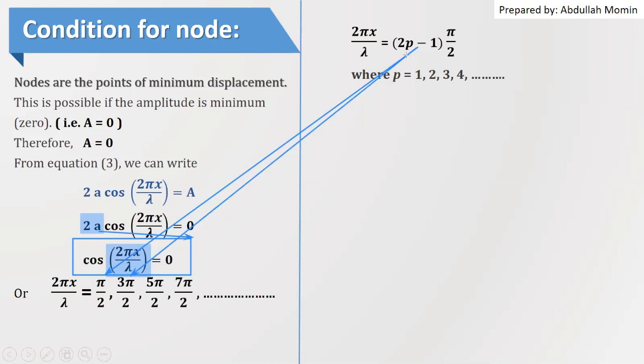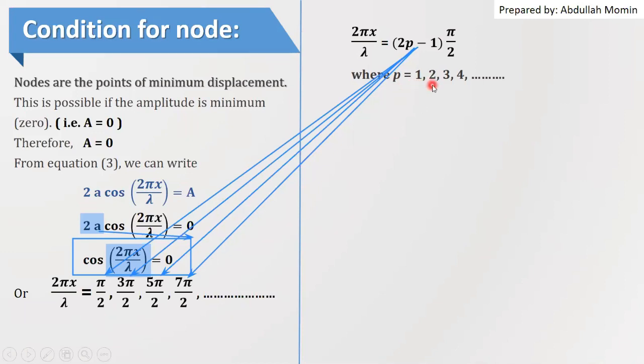When we put the value of P as 3, we will get the next term in this sequence, and when we put the value of P as 4, we will get the next term from this series. So whenever we put the value of P as 1, we will get pi by 2.